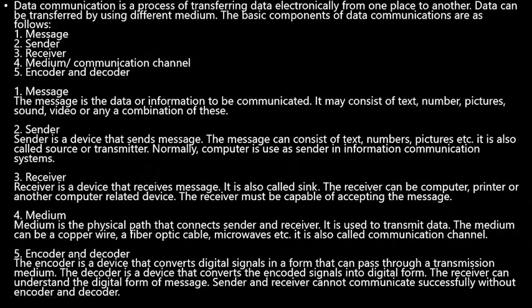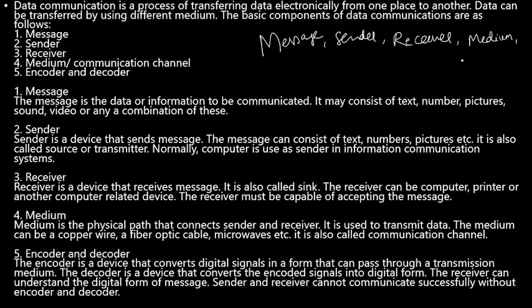Data communication is the process of transferring data electronically from one place to another. So the data can be transferred by using these components, which are involved in transferring the message: message, sender, receiver, then communication channel or medium, and encoder and decoder.